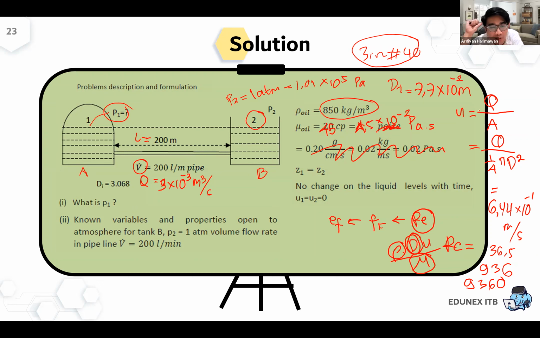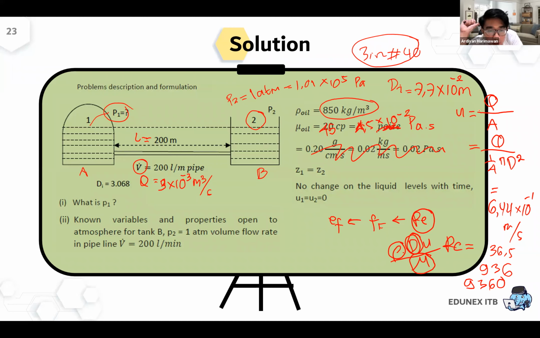Just be careful when you're doing your calculation. The density is 850, in kilogram per cubic meter, and then the diameter is 7.7 times 10 to the power of minus 2. The velocity is 6.44 times 10 to the power of minus 1, and then divided by the mu.